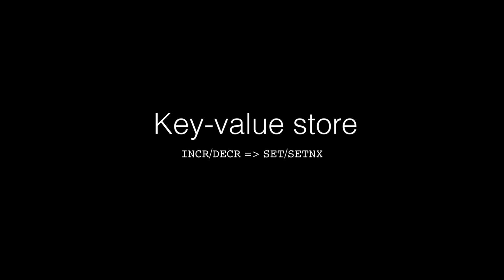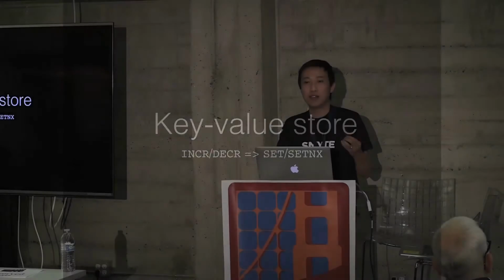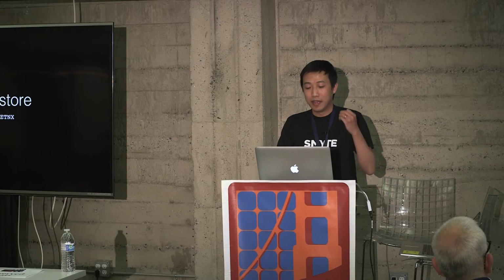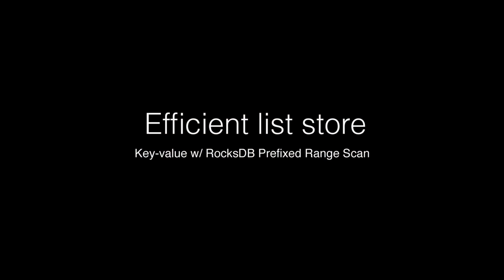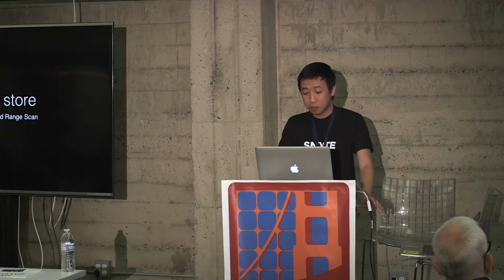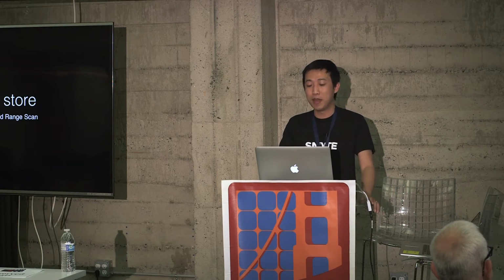And what's nice about this framework is that now we can apply it to a lot of different problem domains inside Smite. For example, if we replace increment and decrement with set, all of a sudden, using the same idea, we get a key-value store. And this key-value store can not only support point queries, RocksDB has a very powerful feature to support prefix scanning so that we can do range queries in a very efficient manner.